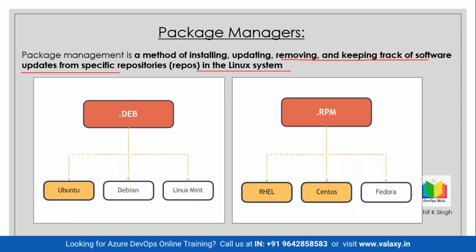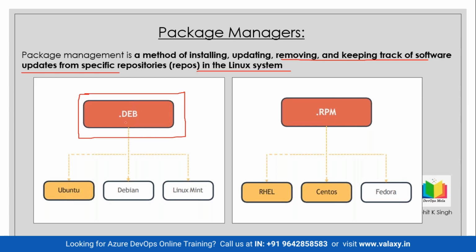Now there are multiple flavors available in the market. We have Red Hat, CentOS, Ubuntu, Debian, SUSE, and Fedora. So based on these flavors, there are different package managers as well. In Ubuntu, Debian, Linux Mint and others, you will find .deb.